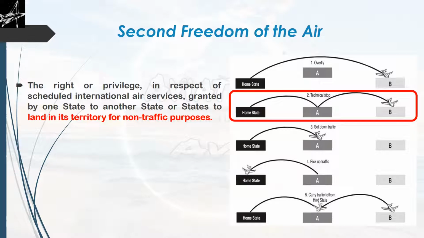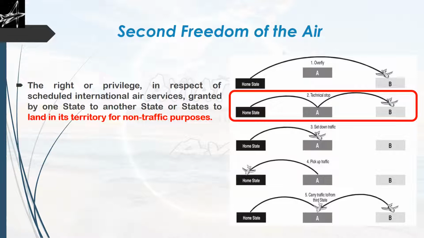Second freedom of air is the right or privilege in respect of scheduled international air services granted by one state to another state or states to land in its territory for non-traffic purposes like maintenance, refueling or emergencies.